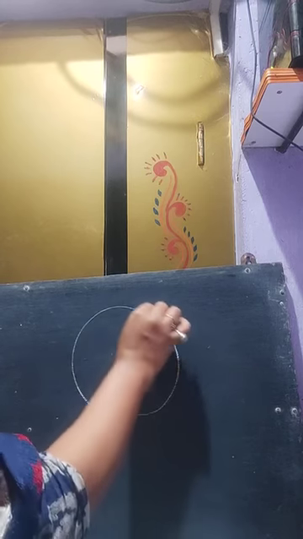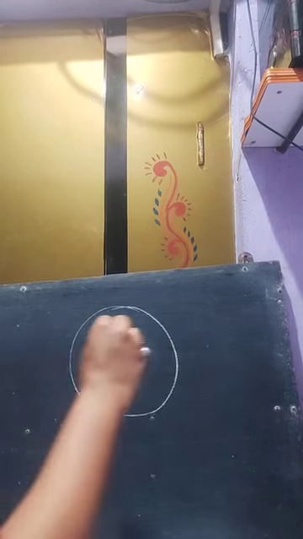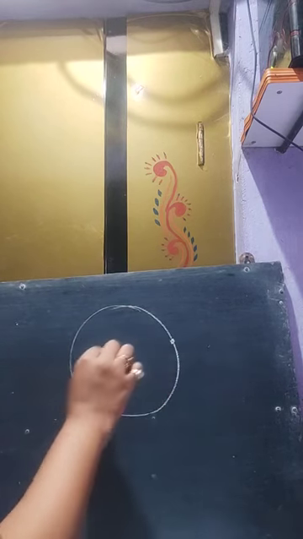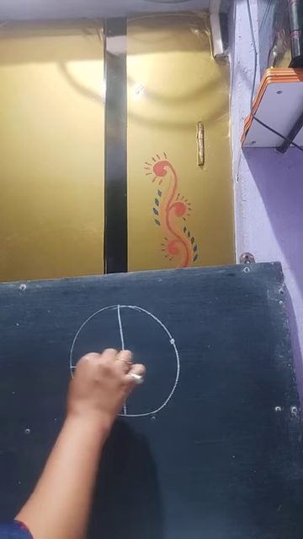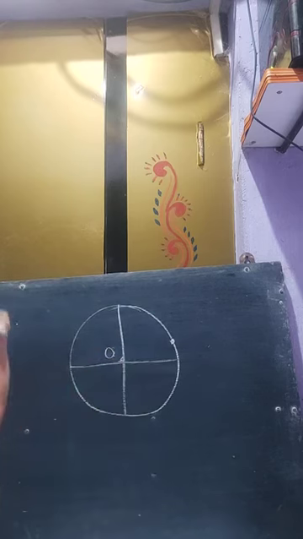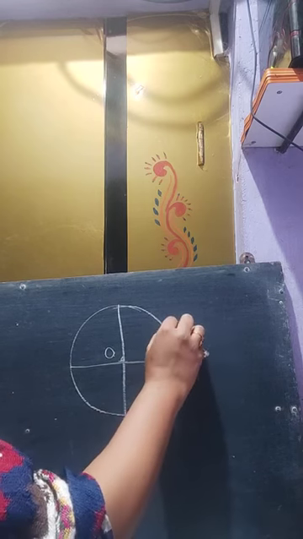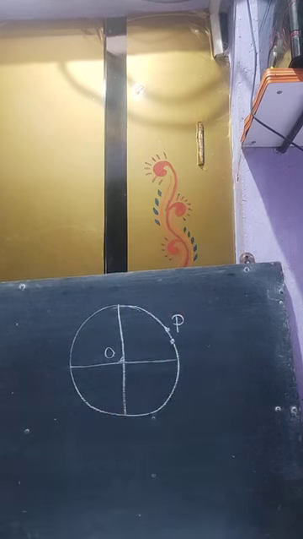Suppose a particle P is moving with uniform speed along the circumference of this circle. This is the center of the circle, O, right? A particle P is here.